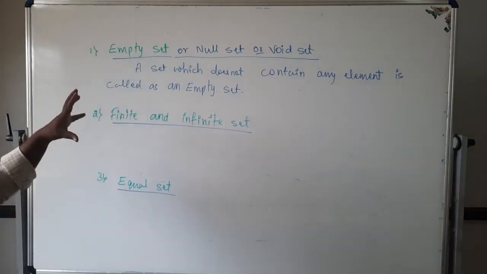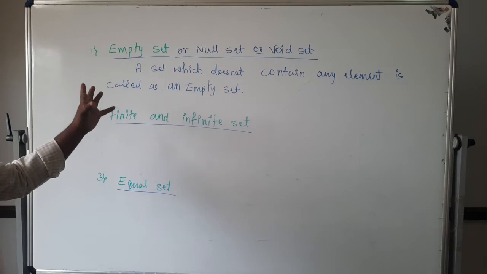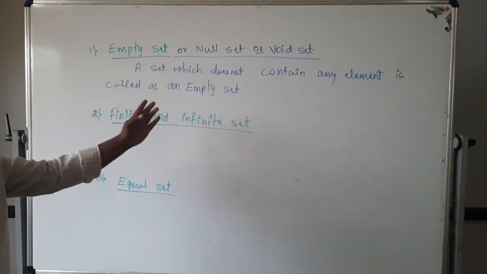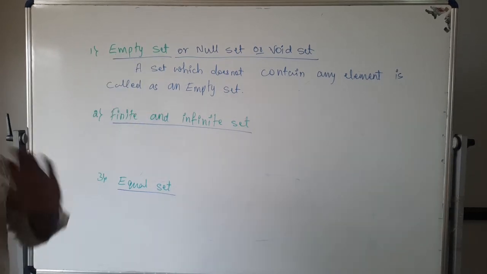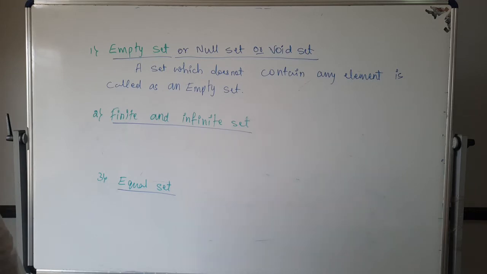So a set which does not contain any element is called an empty set, null set, or void set.